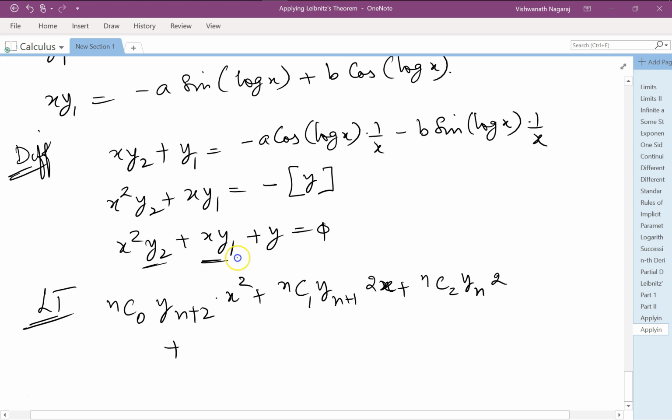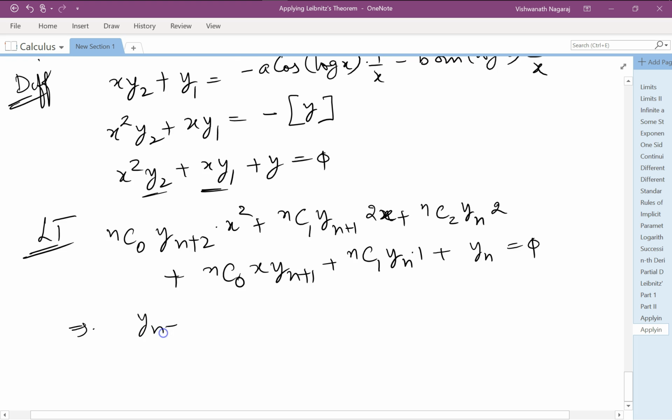Okay, now let's take the second term. nC0 x yn plus 1 plus nC1 yn times 1 plus yn equal to 0.